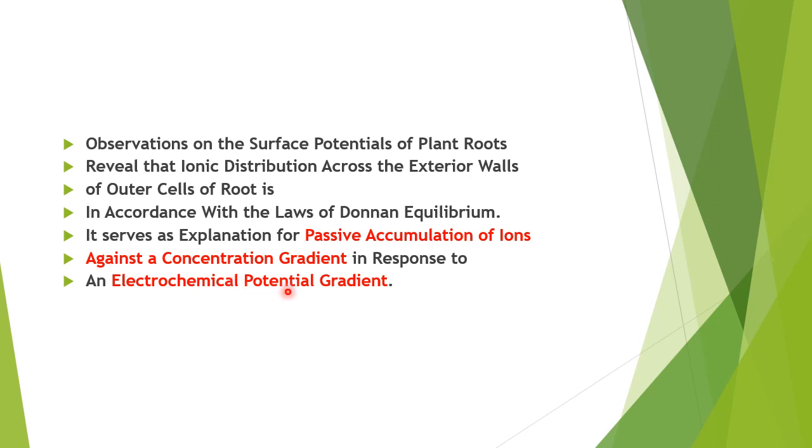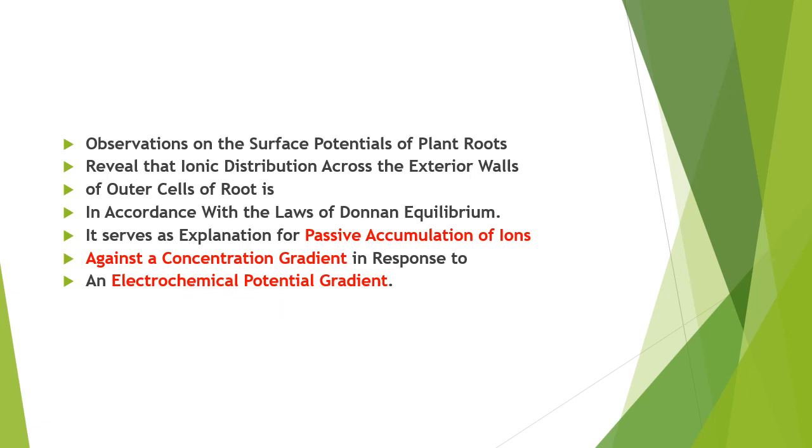So the Donnan equilibrium amply explains that the passive accumulation of ions can take place, though against a concentration gradient, without utilization of energy, but by creating an electrochemical potential gradient.